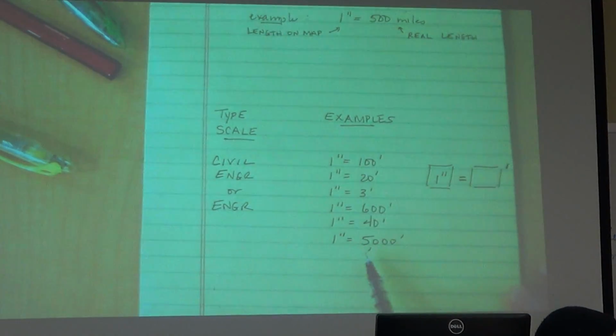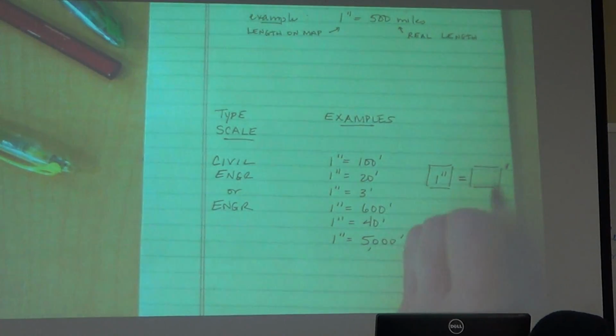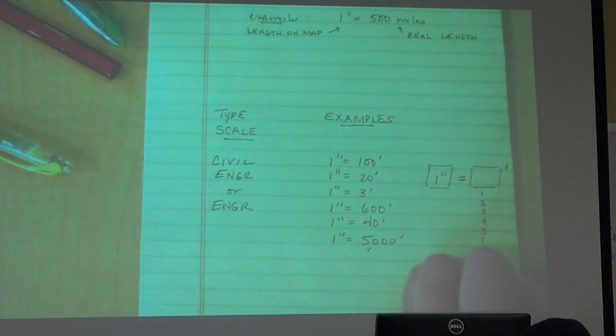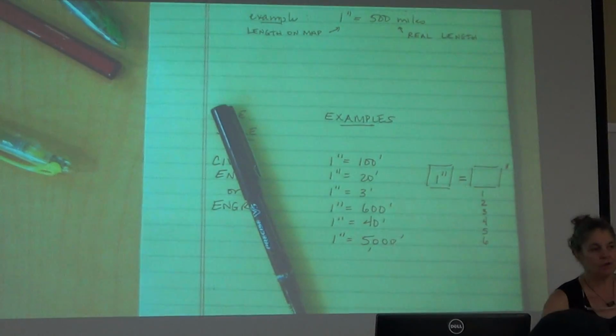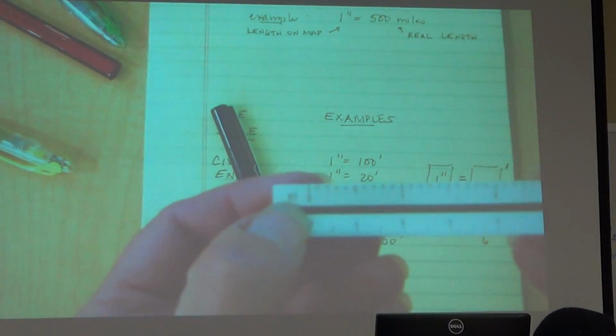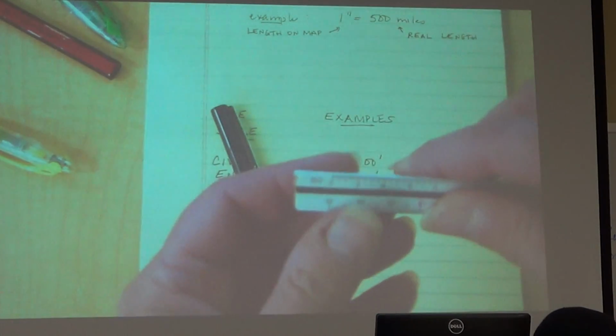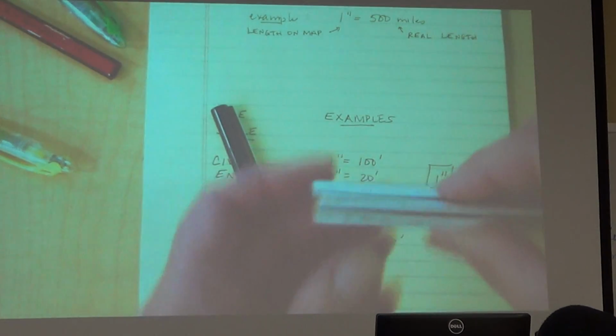Notice I did not write an example of 1 inch is equal to 7 feet, 80 feet, or 90 feet, because this side either has to be a 1, a 2, a 3, a 4, a 5, or a 6. So take a look at your engineering scale. You'll notice, for mine right here, it says 10 on one side, it says 30, it says 50, and on the other side it says 60, 20, 40.